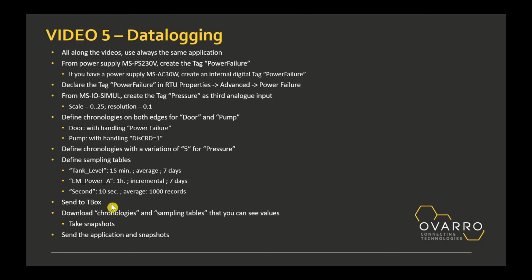Send to TBox. Download chronologies and sampling tables so that you can see values. Of course, after you have sent to TBox, you will have to change tags for chronologies in order to see the changing. Remember, chronologies is on event. Take a snapshot of the Windows chronologies and sampling table you have displayed and send application and snapshot.